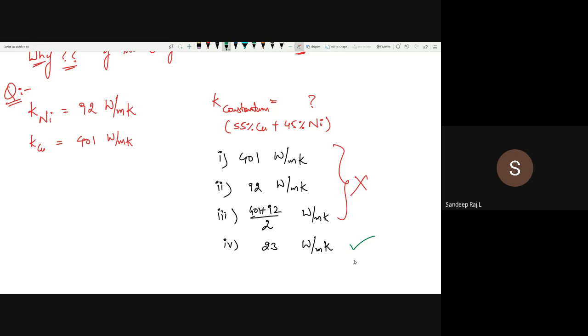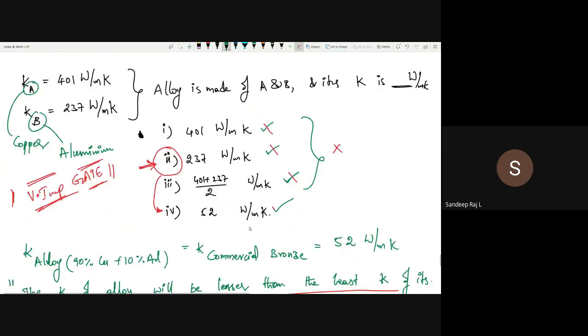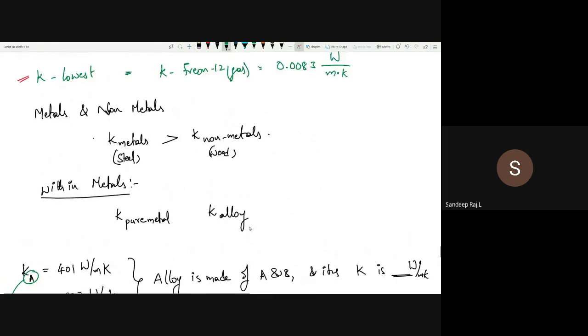It is as simple as that. So remember, friends, the point is that the thermal conductivity of an alloy will be lesser than the least thermal conductivity of its pure metals. That is the thing regarding thermal conductivity here.